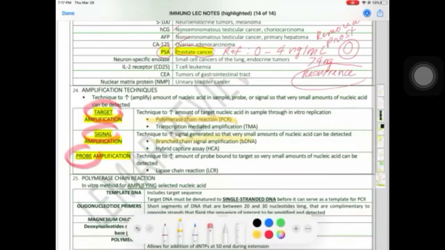Branched-chain DNA and hybrid capture assay are examples of a signal amplification technique, and ligation reaction is an example of a probe amplification technique.